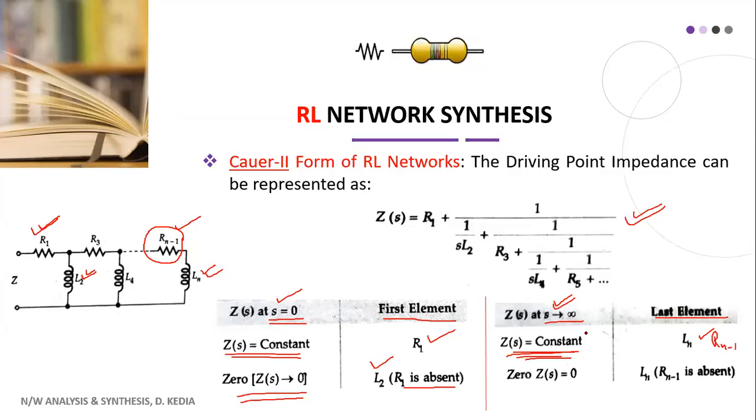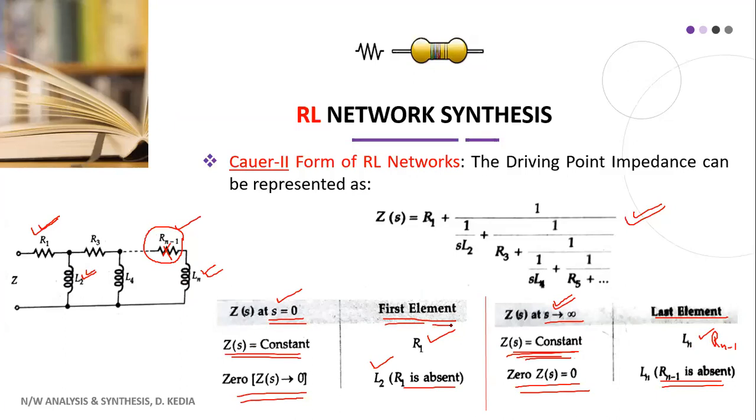And for s tending to infinity, if Zs is 0, then this Rn minus 1 will be absent. So this is how your last element will be identified here. But I'll again ask you to cross check it once again from the book so that you are able to get the correct answer to this.